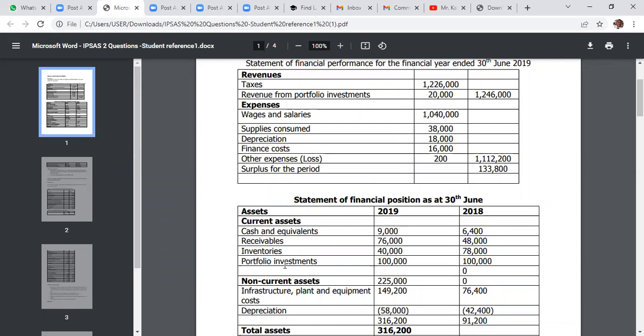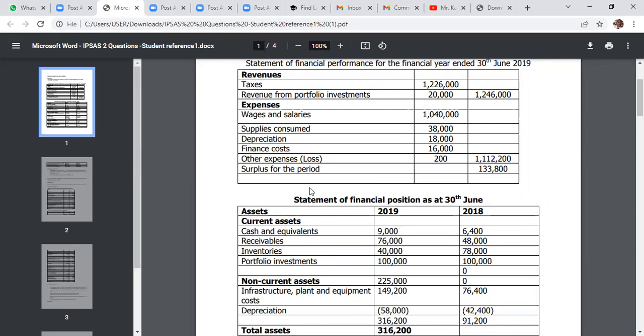They're not the same. It's what we call accrued revenues or incomes and prepaid incomes. But this one is portfolio investment, and I was saying that the two are different.